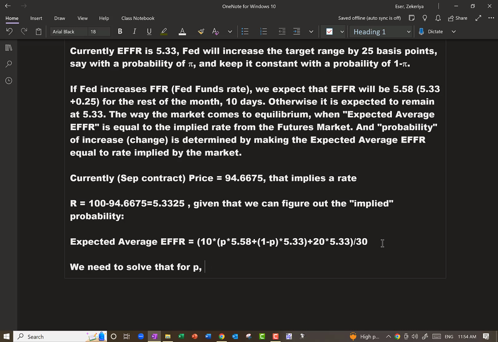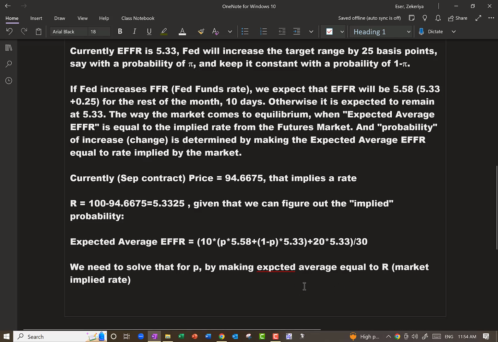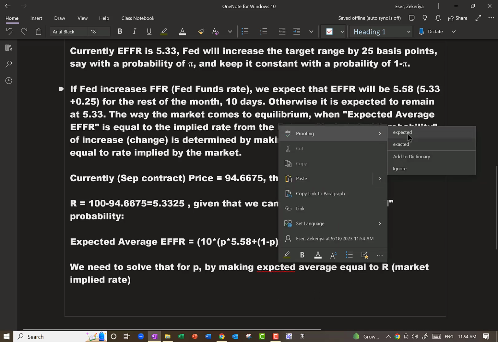P, by making the expected average equal to R, which is the market implied rate. If you want, we can solve it, but I'm not going to spend any time.